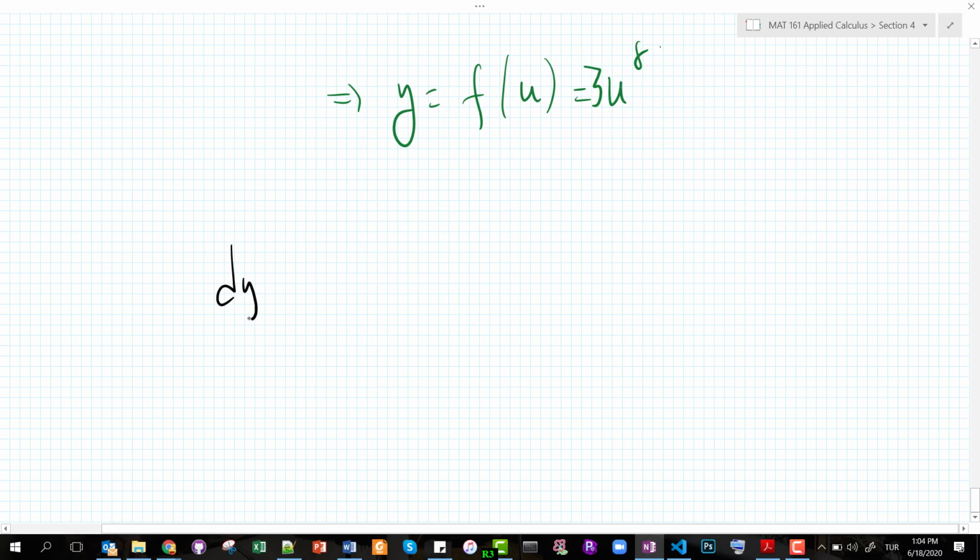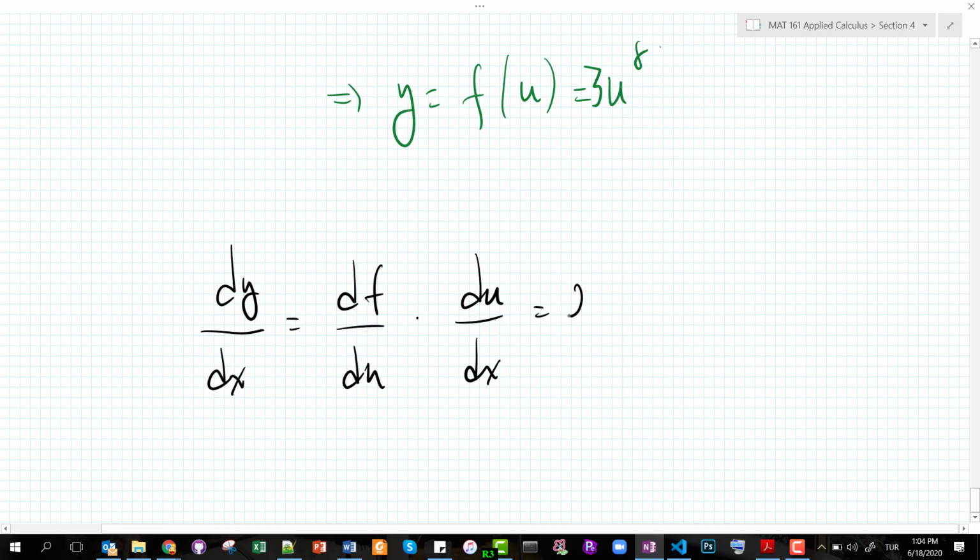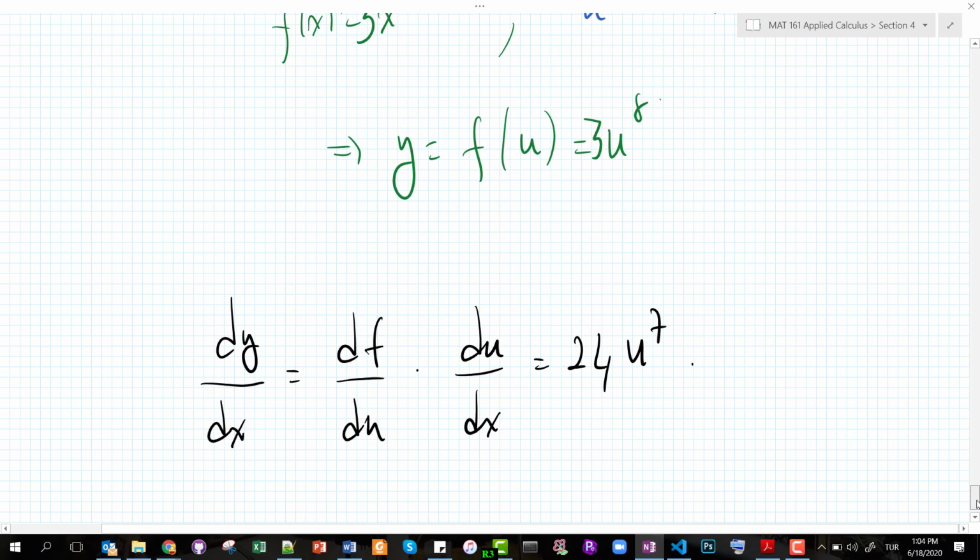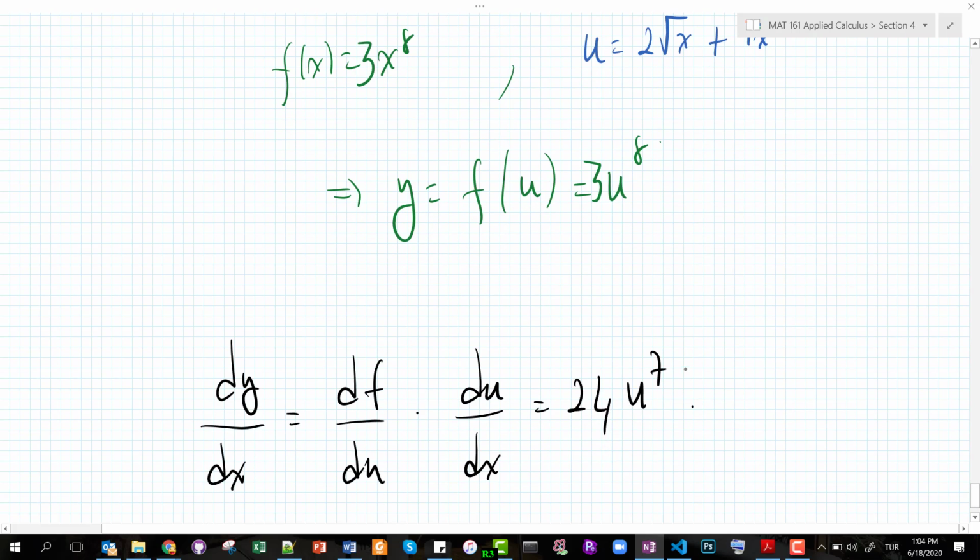I know that dy over dx, the derivative I'm trying to figure out, is equal to df over du times du over dx. And then the derivative of f with respect to u is, as you see, 24 u to the 7. Who was u? Let me take a look: it was 2 square root x plus 5x squared. I need to take its derivative.